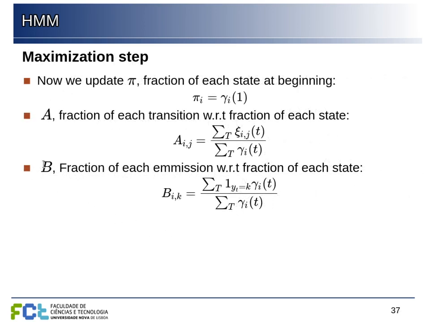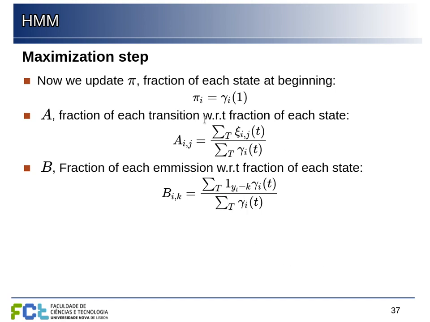And then for B, which is the probability of emitting each symbol, we do the same thing, but now we're going to consider only those cases where we actually have this symbol emitted, and we're going to integrate this over time and again normalize by the probability of being at each particular state.